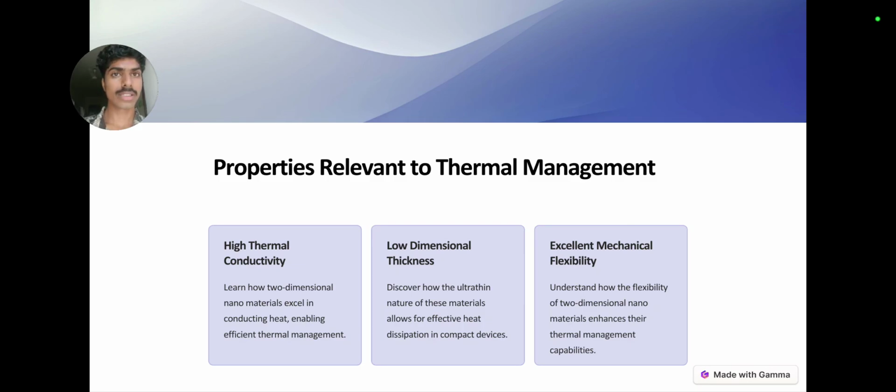Excellent mechanical flexibility. Understand how the flexibility of two-dimensional nanomaterials enhances their thermal management capabilities. So these were the properties relevant to thermal management.